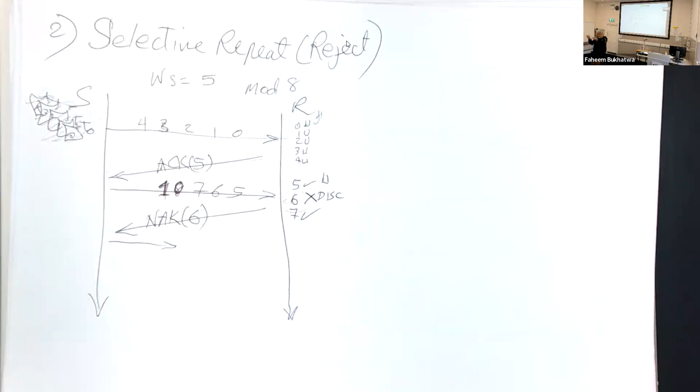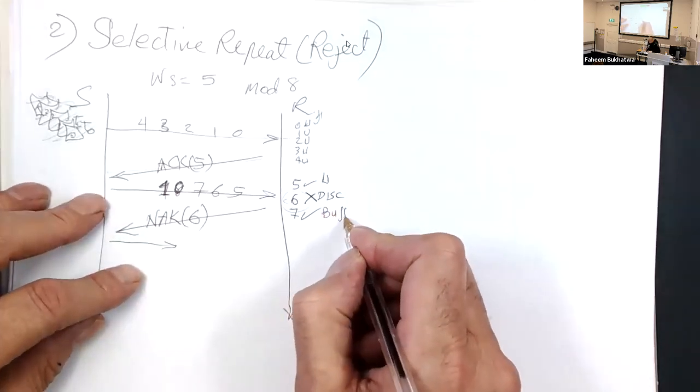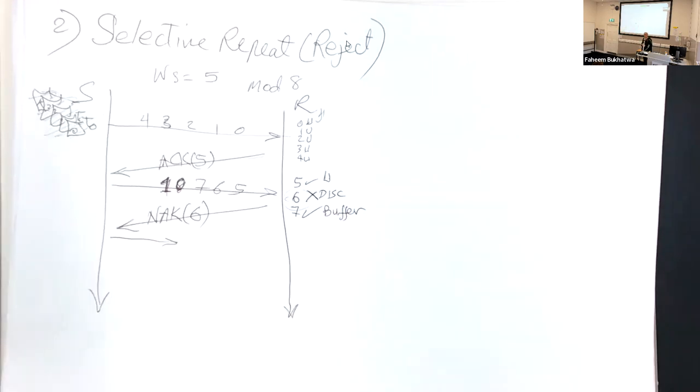No, we can't. If the user is watching a video, you don't want to give him a later kind of clip and then back again. Or listening to music, you don't want to give the end of the song before the rest. So we can't send it to the user, but we cannot discard it. What do we do? We buffer it, we store it. Buffer means keep it in your memory.